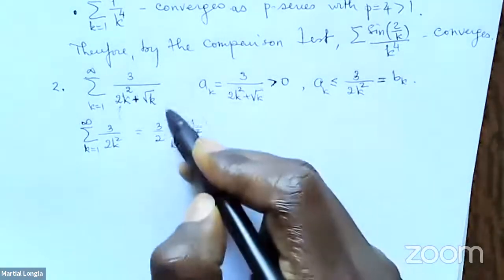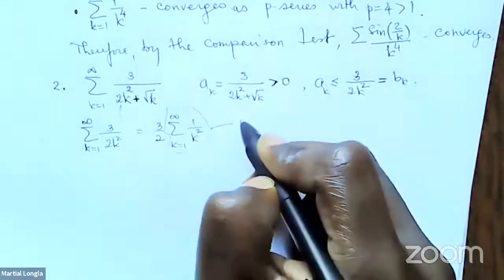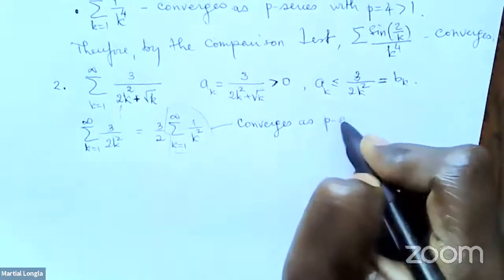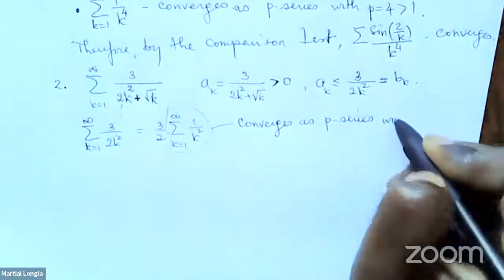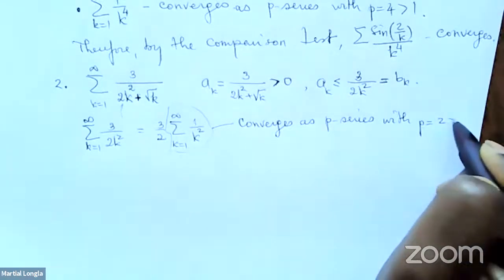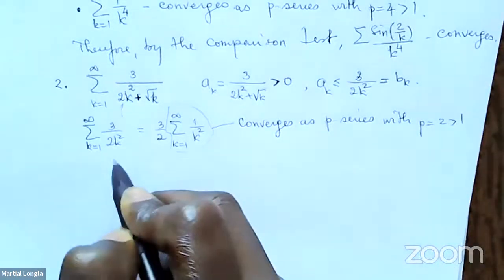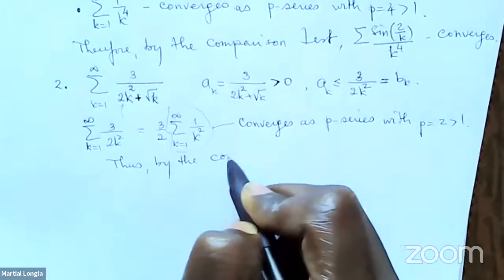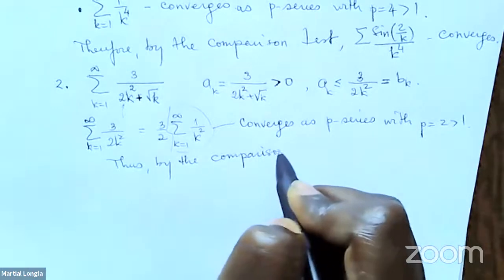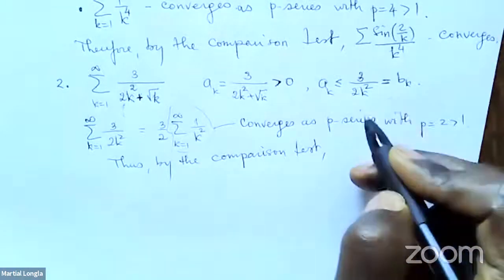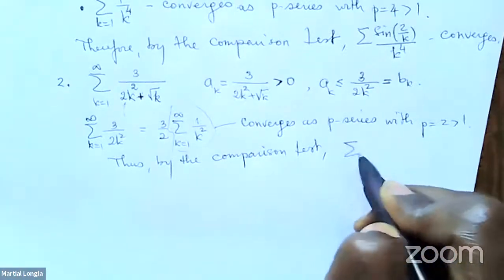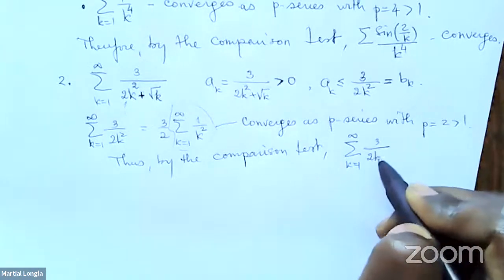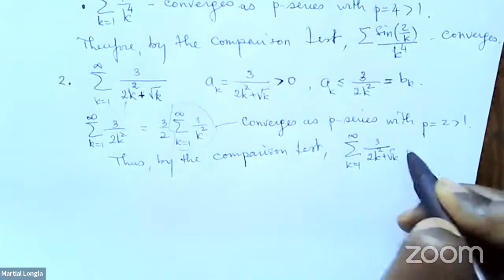And this is a p-series, so that converges as a p-series with p equals 2, larger than 1. So by the comparison test, the sum, k from 1 to infinity, of 3 over 2k squared plus root k converges.